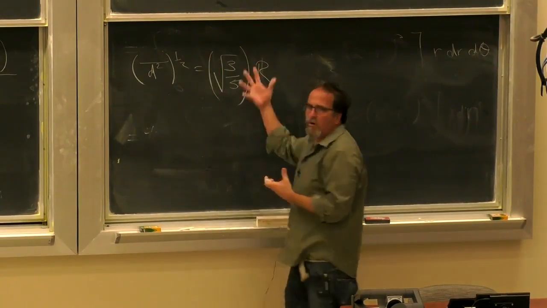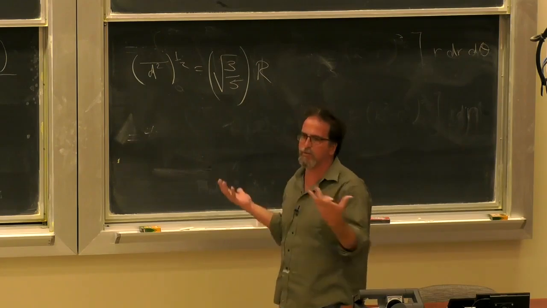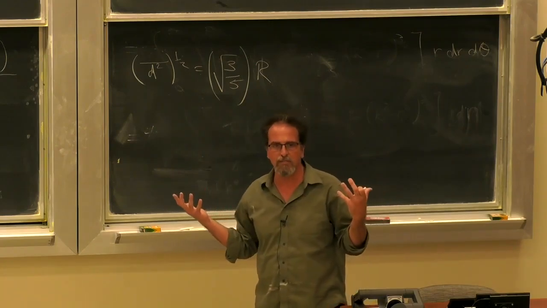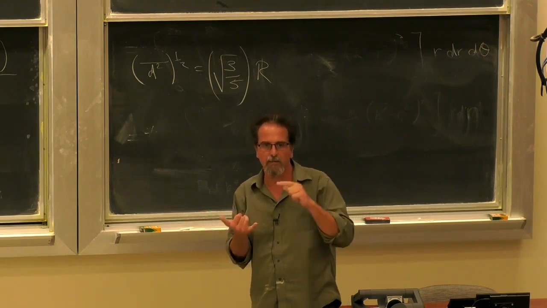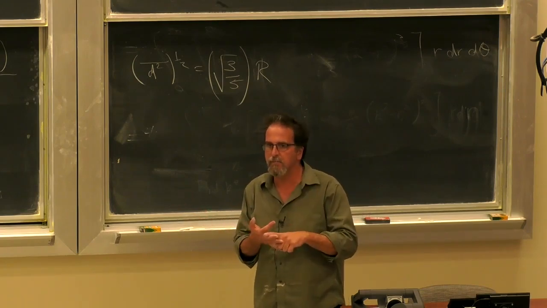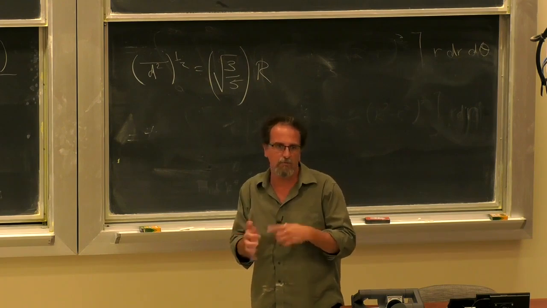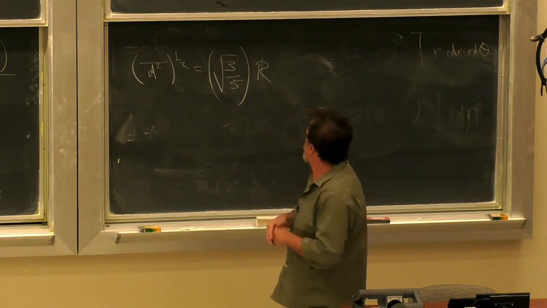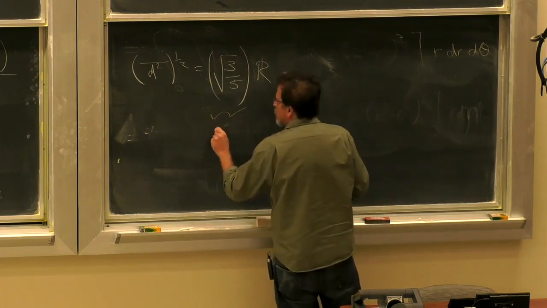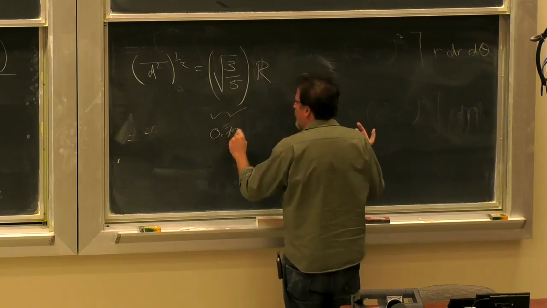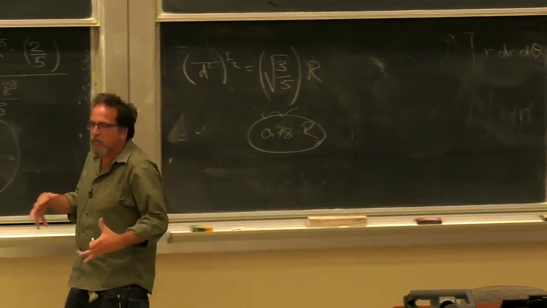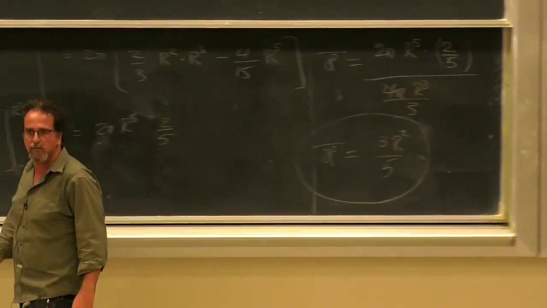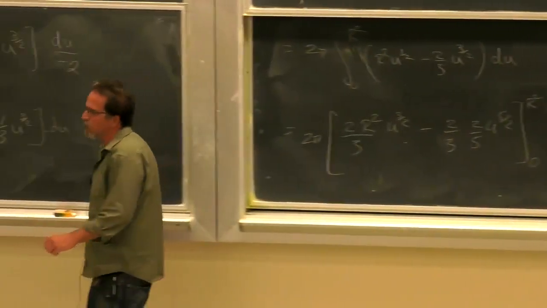The square root of 3/5 is the square root of 0.6, which is, I don't know, what's the square root of 0.6? 0.8 times 0.8 is 0.64, so it's a little less than 0.8. So it's maybe about 0.78 times the radius. So it tells you something about the extent of this object.